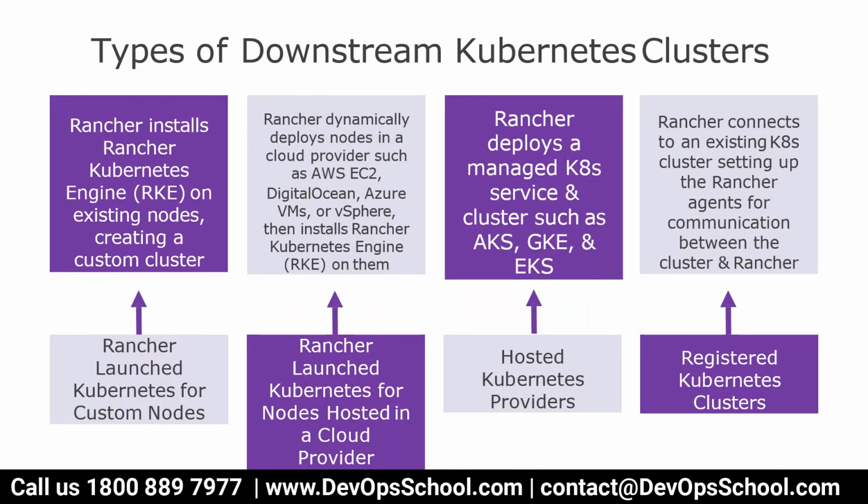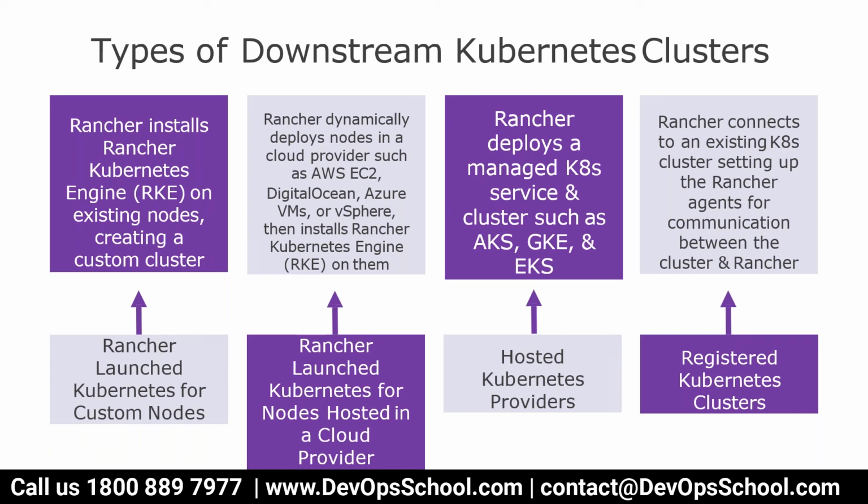So what are the types of downstream Kubernetes clusters? Rancher installs Rancher Kubernetes Engine, RKE, on existing nodes, creating a custom cluster. That is done by Rancher launched Kubernetes for custom nodes. Then there is Rancher launched Kubernetes for nodes hosted in a cloud provider, where Rancher dynamically deploys nodes in a cloud provider such as EC2, DigitalOcean, or Azure VMs, and then installs RKE on them.